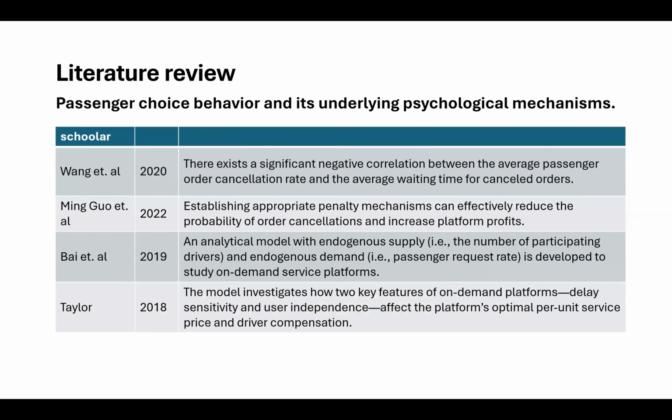To situate our research within the broader academic context, we review prior literature on ride-hailing price strategy and summarize three main strands of work. First, several studies explore ride-hailing price from the perspective of passenger choice behavior and its underlying psychological mechanism.